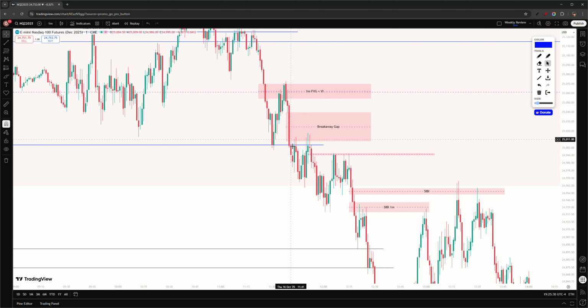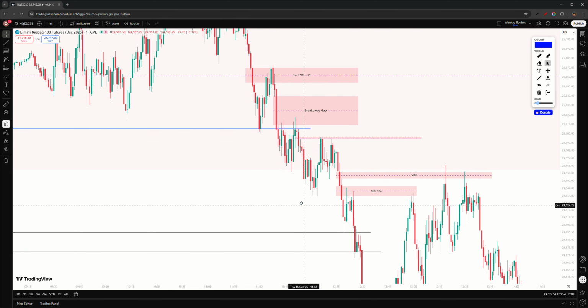Breakaway gap is when price runs away from the inefficiency and does not fill it. So the fact that we just wicked through this fair value gap and we couldn't even get to consequent encroachment, which is the middle point of the fair value gap, this reveals to us that we are going to continue to go even lower.